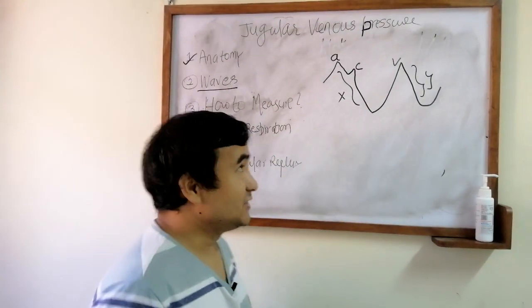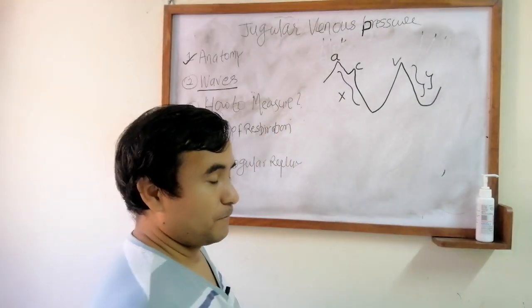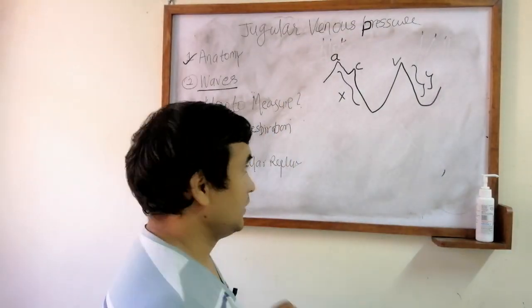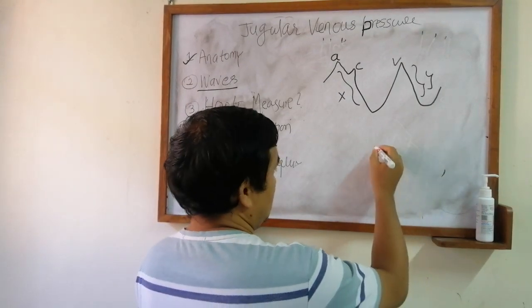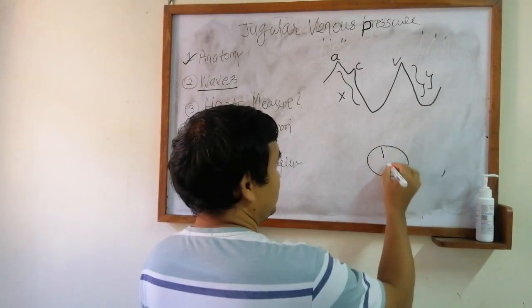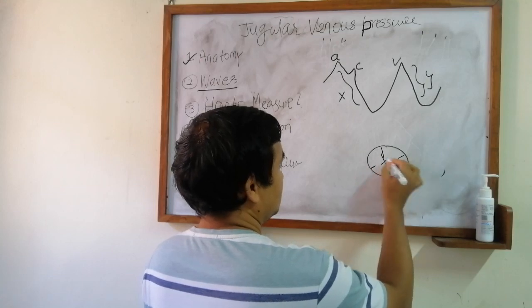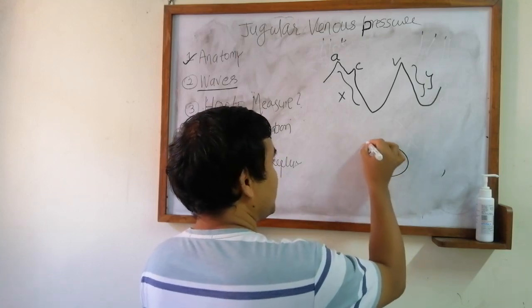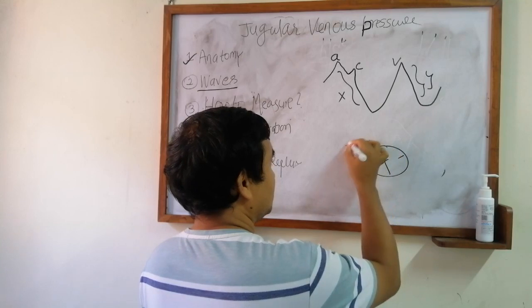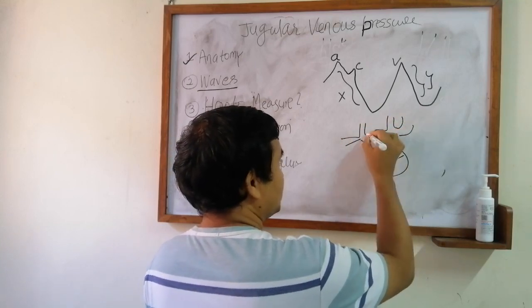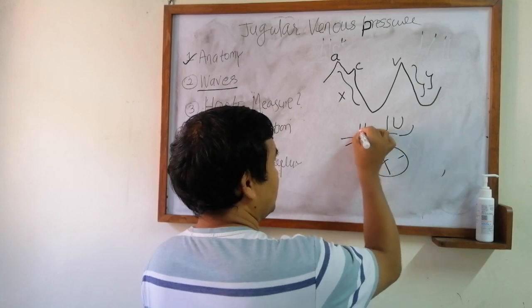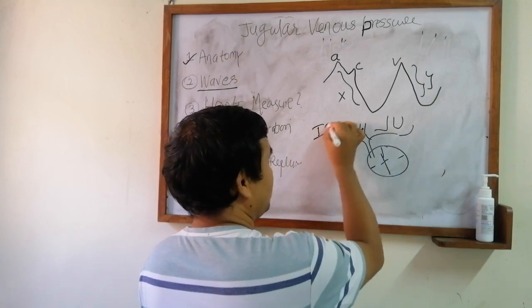Then what is the mechanism of the A wave? As you can see in the picture, this is your heart, a very simple diagram of the heart, and we are trying to estimate the pressure here in the internal jugular vein.